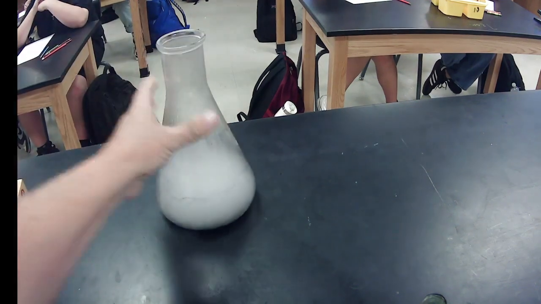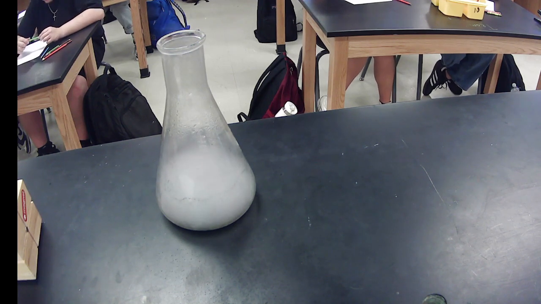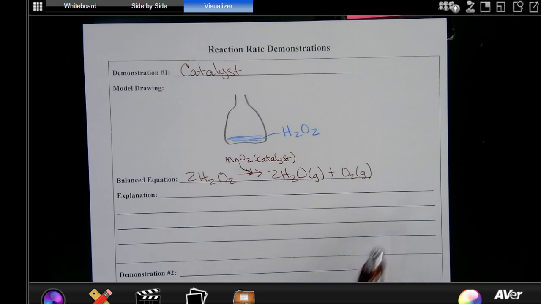What color is down there? Black. So did our manganese dioxide go back to what it was? Yes. So that's why manganese dioxide is classified as a catalyst. Okay? Because not only did it speed it up, but it also went back to what it was at the beginning.